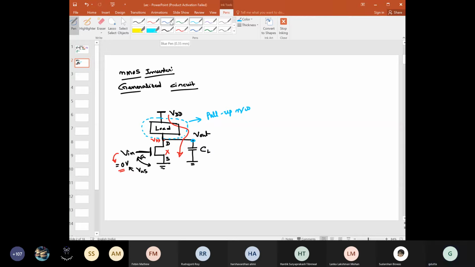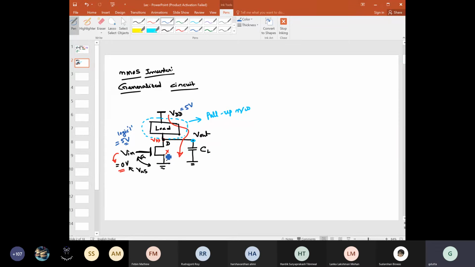Now let us consider the other situation when V in is equal to say 5 volt. 5 volt means logic 1. We are assuming this VDD equal to 5 volt for this case. So when this is at 5 volt, VGS is 5 volt, so obviously this transistor is conducting.